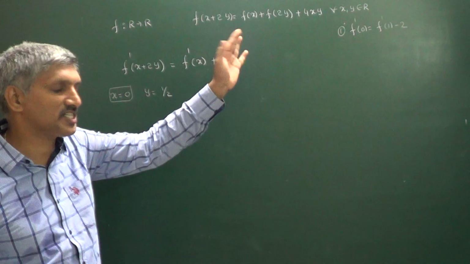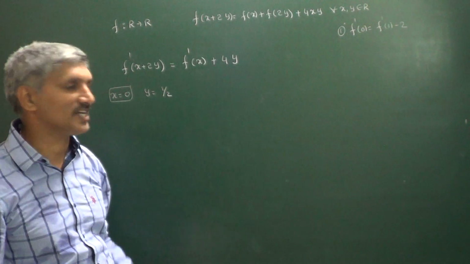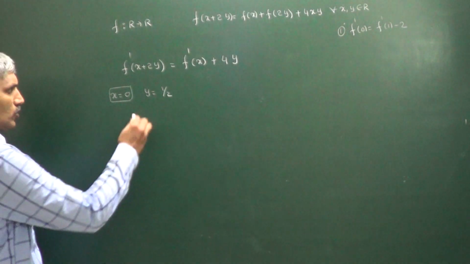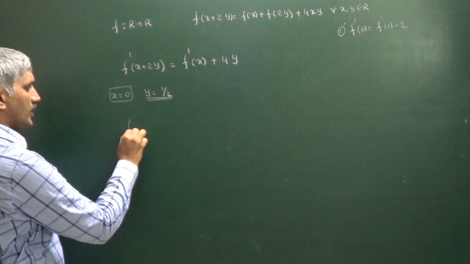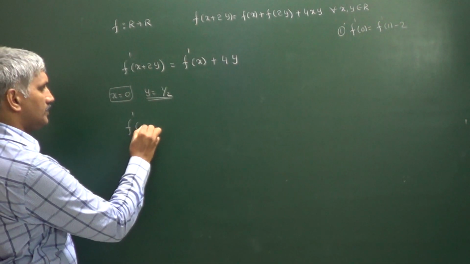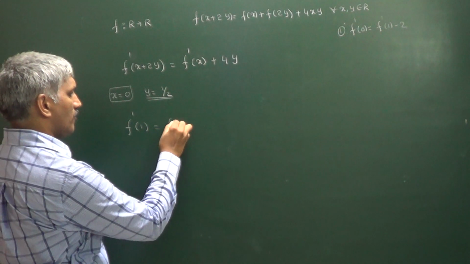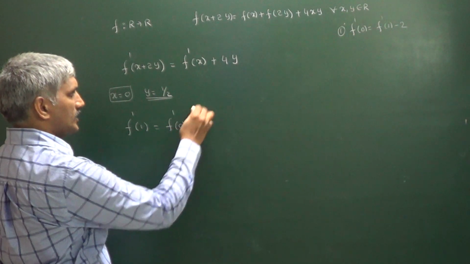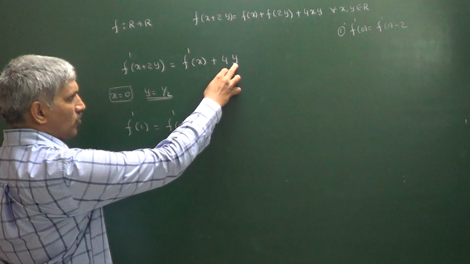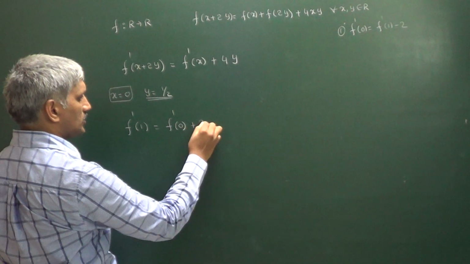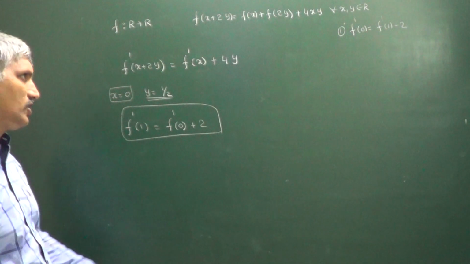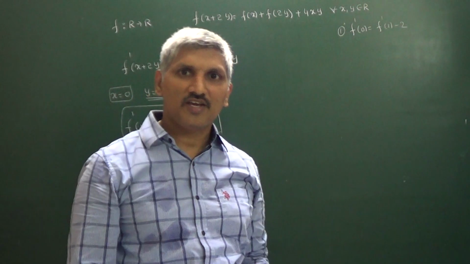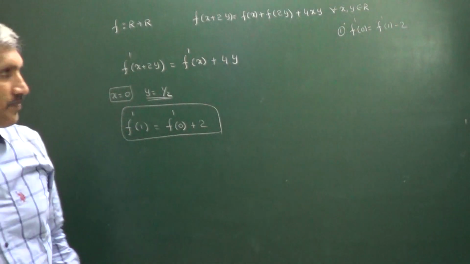So we are getting a relationship between what he is asking. Substituting x is equal to 0 and y is equal to 1 by 2 here, we get f dash of 1 is equal to f dash of 0 plus, in place of y we substitute 1 by 2, so we get plus 2. That's all. He is asking f dash of 0 is equal to, so we got the answer as f dash of 1 minus 2.